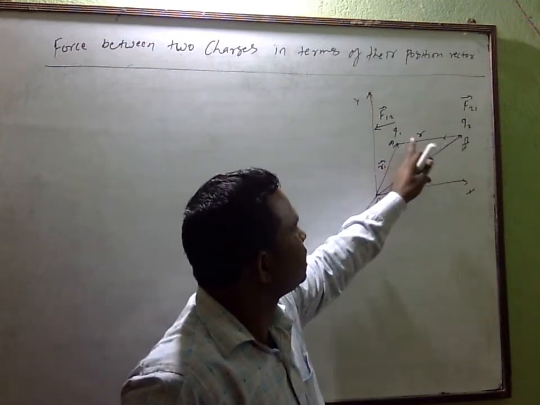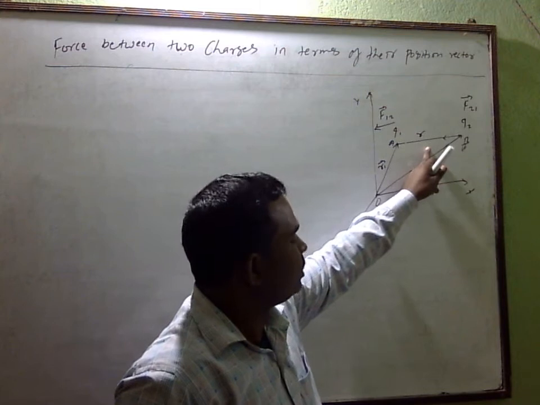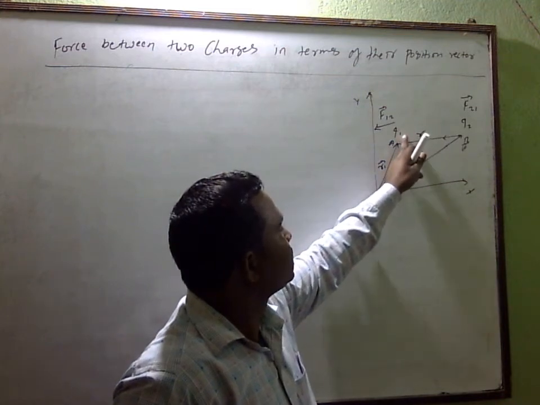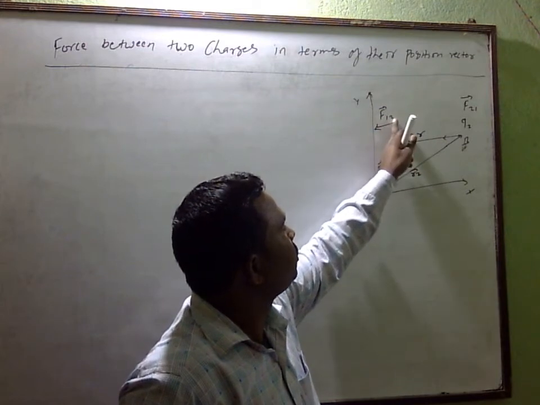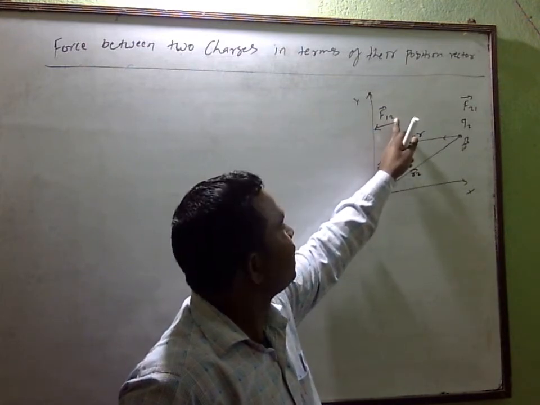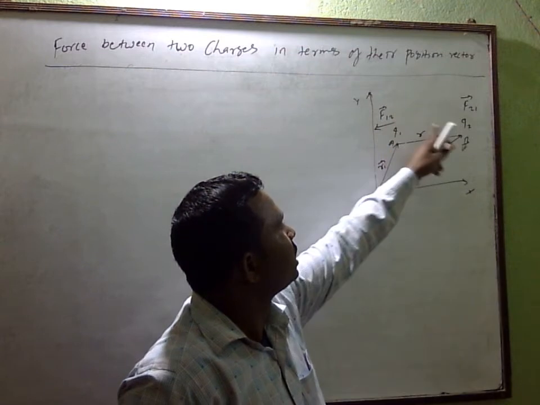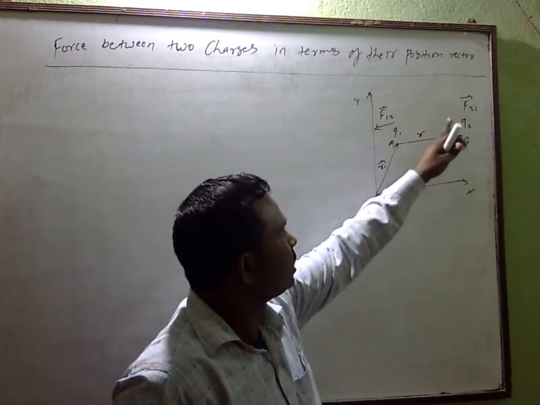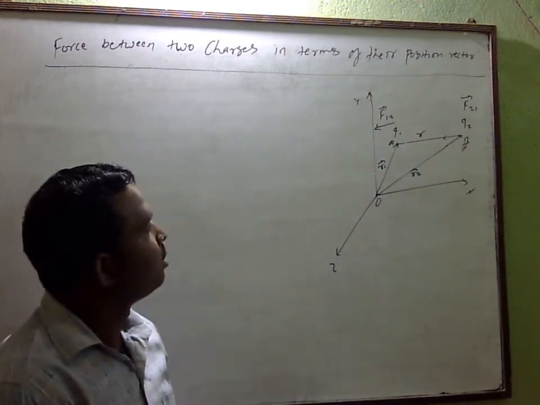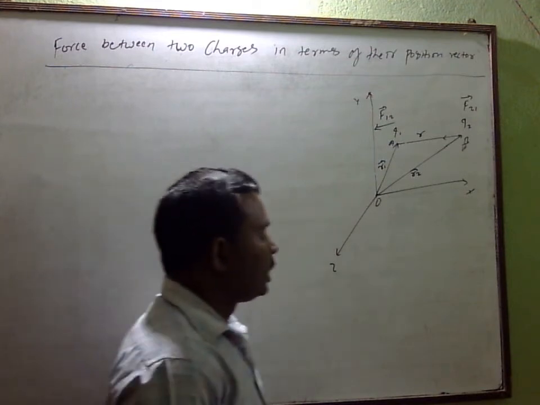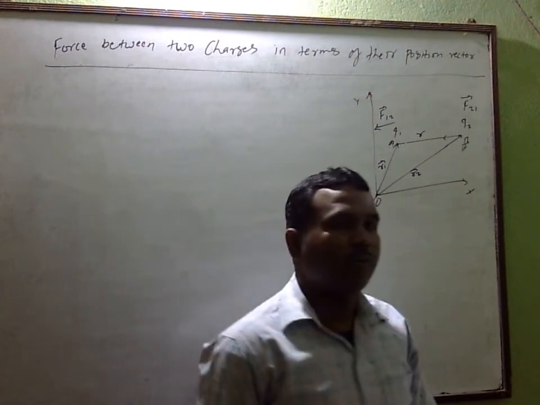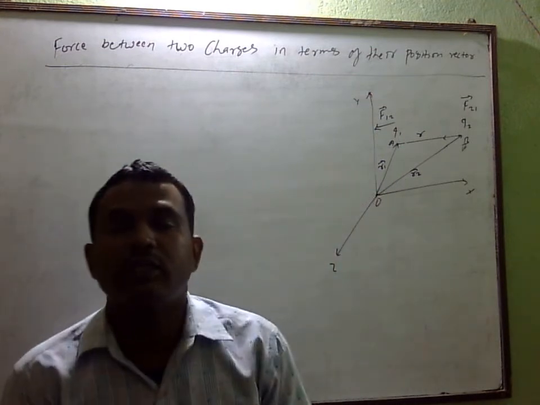R is the distance between A and B, where charges q1 and q2 are placed. F12 is the force experienced by charge q1 due to q2, and similarly F21 is the force experienced by q2 due to q1. Very good. Before deriving, we have to write the theoretical part.